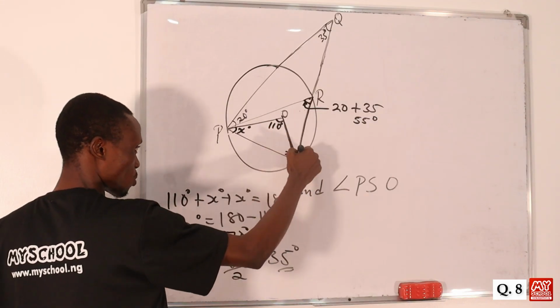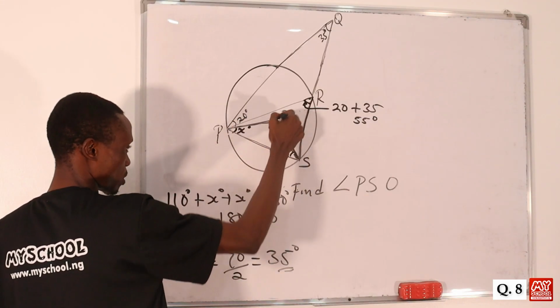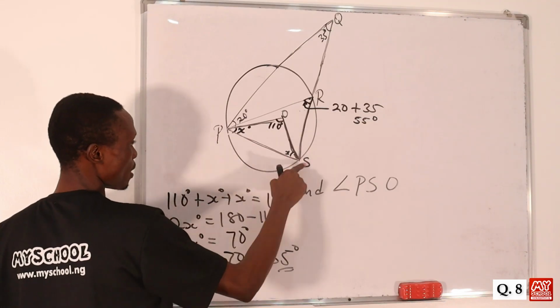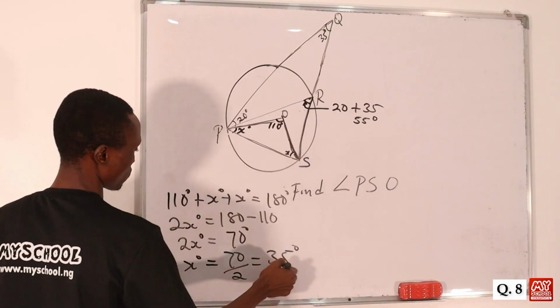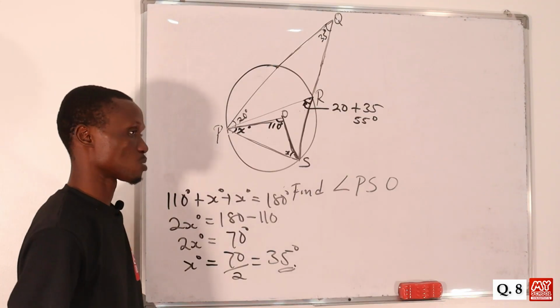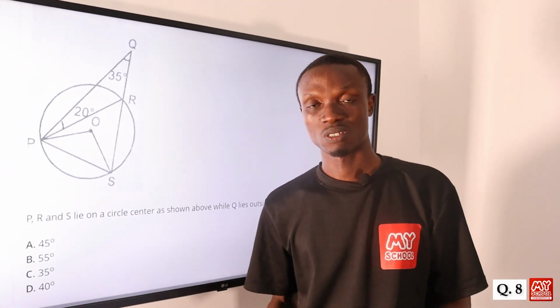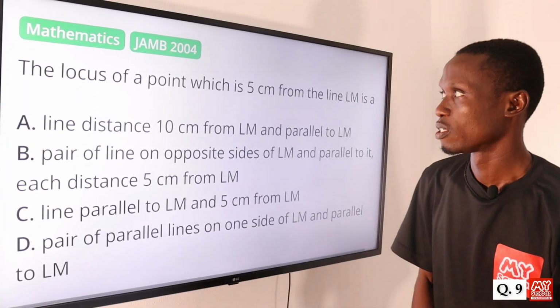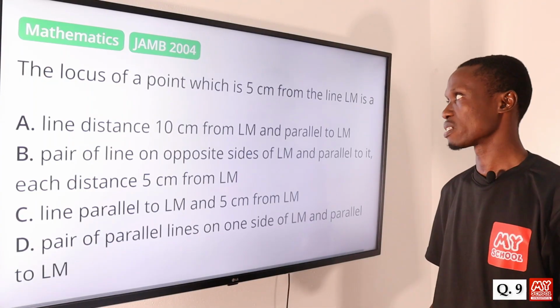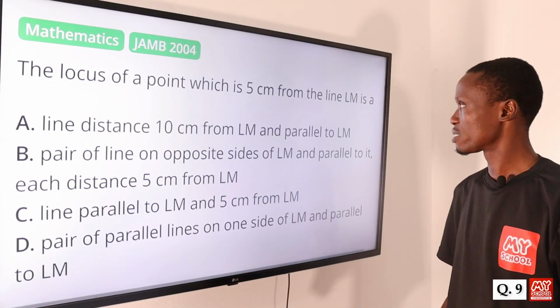So let's return back to the screen to pick the correct answer to this question, and that is option C, 35 degrees.